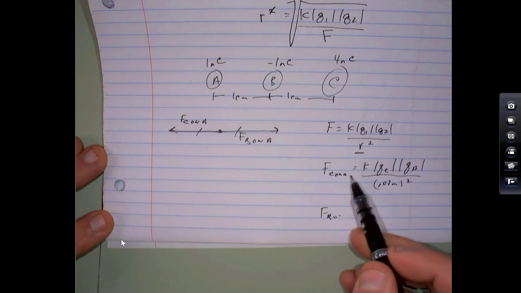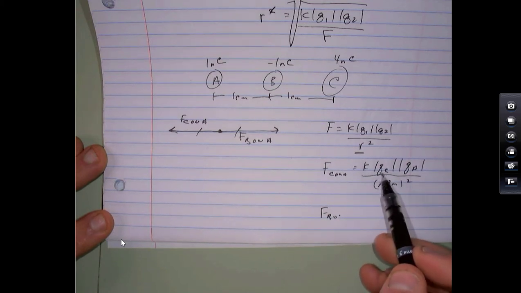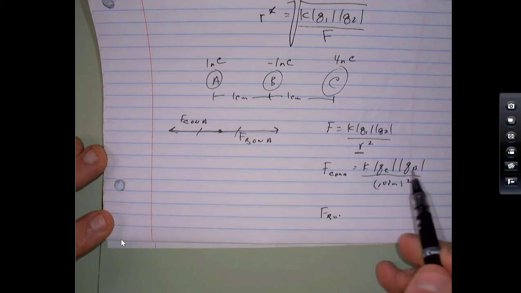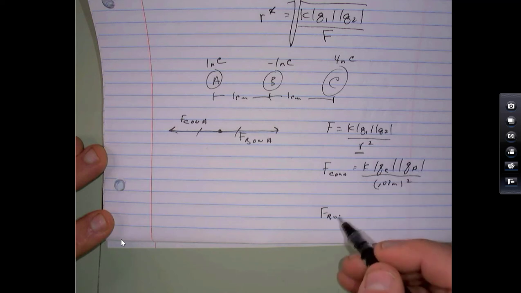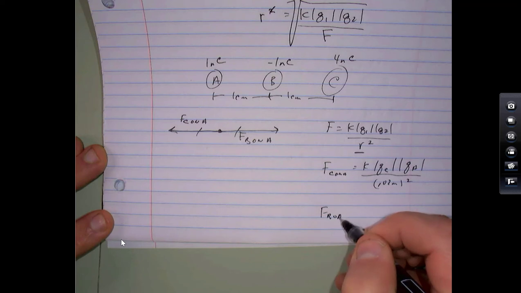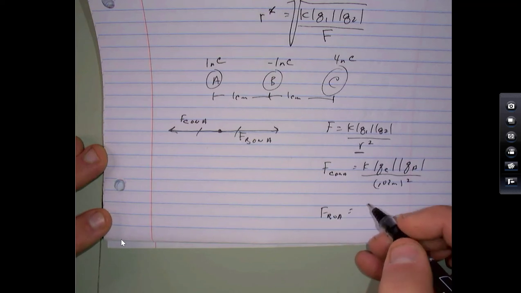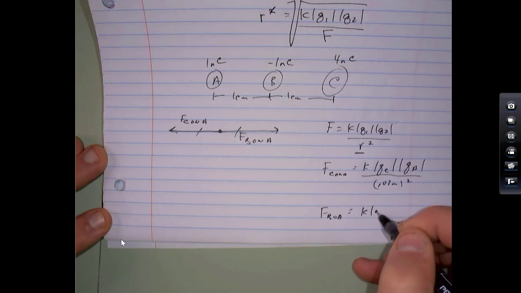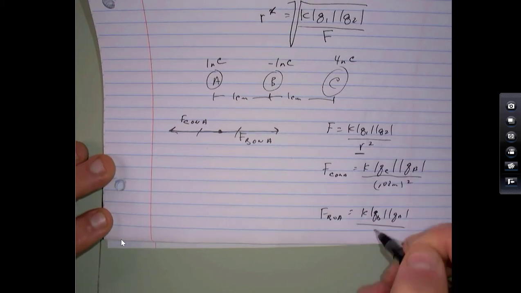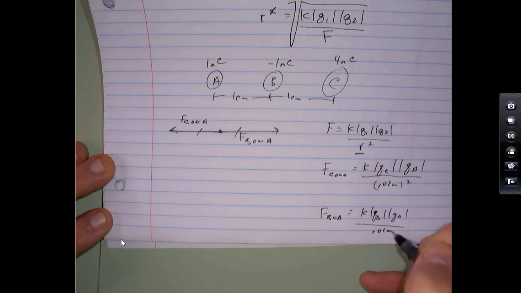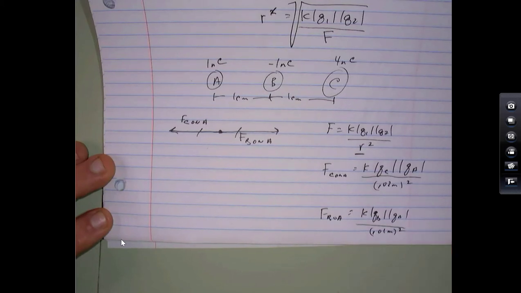Force of C on A would be K Q_C Q_A, distance between them is 0.02. Force from B on A would be K Q_B Q_A, and then the distance between them is only 1 centimeter, so 0.01 meters squared.